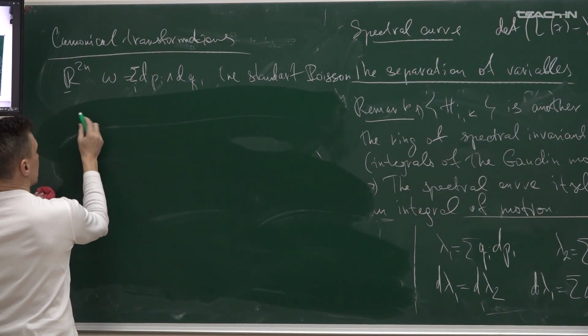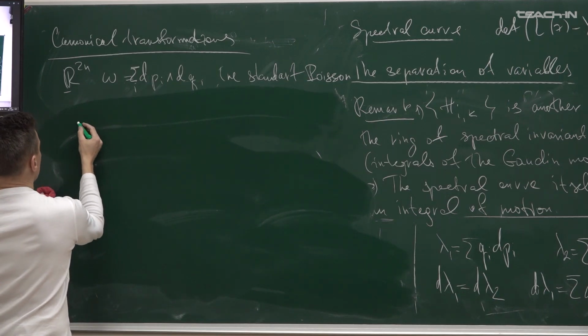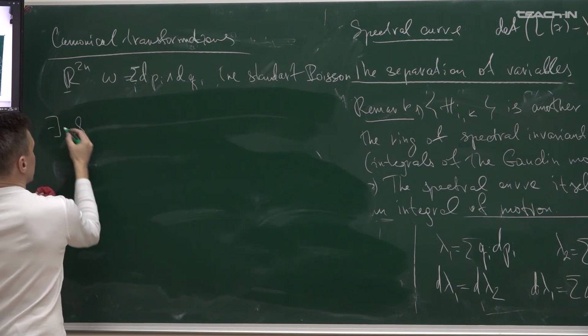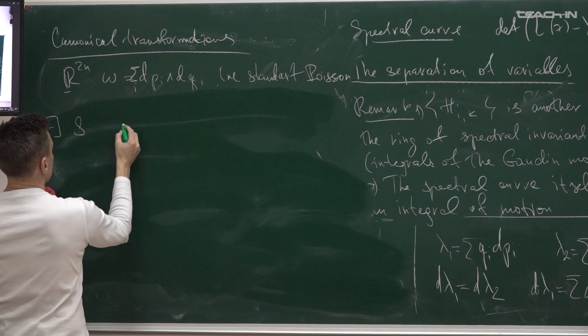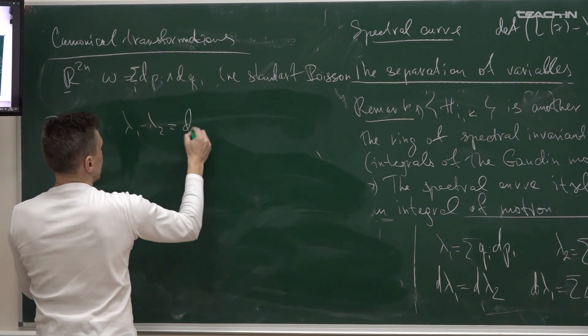So there exists some function S such that lambda 1 minus lambda 2 is just dS.